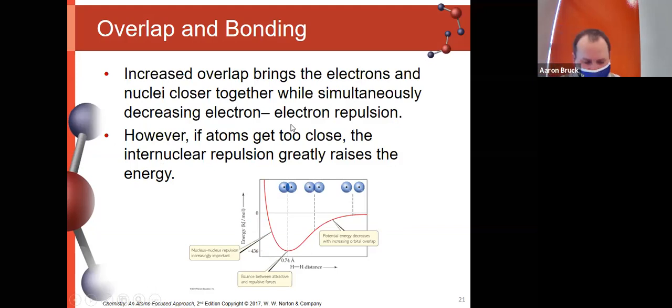So we've spent all of this time up until now getting into the what, in terms of what happens when bonds form. What kinds of shapes do we see? What kinds of bond angles? The last part of this chapter explores why.